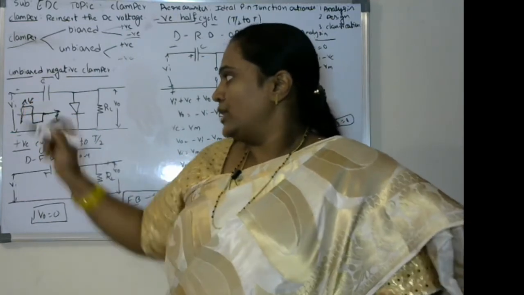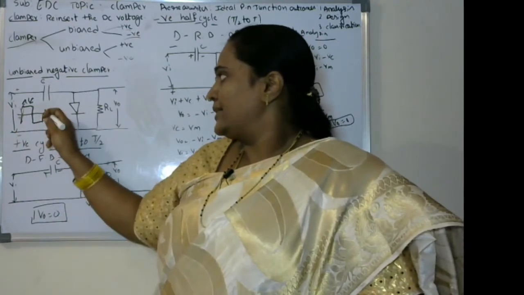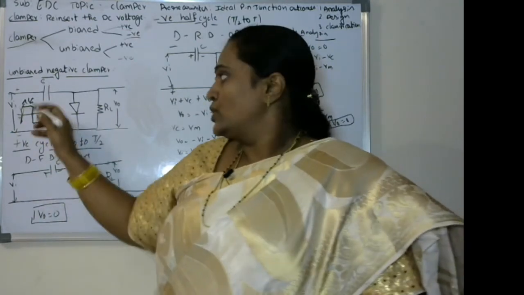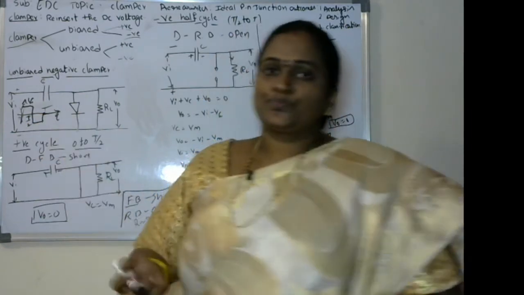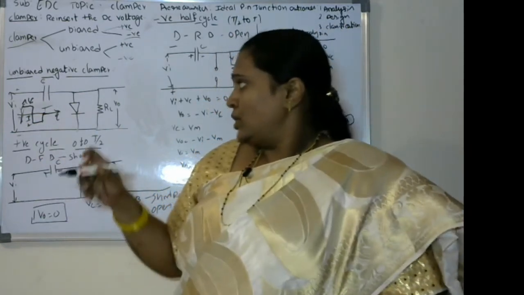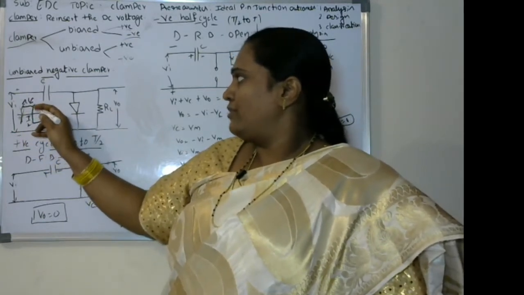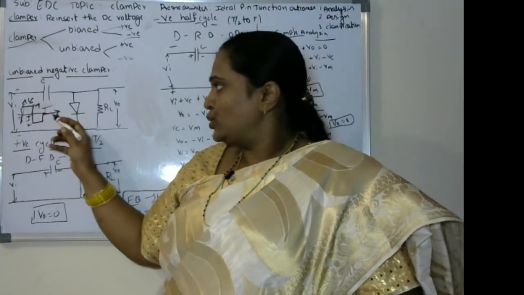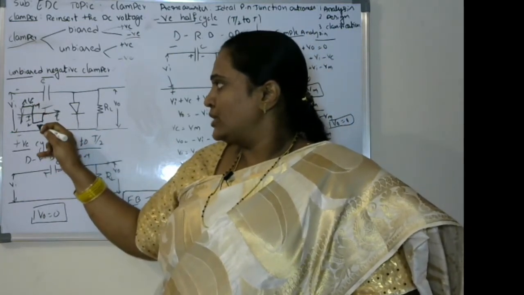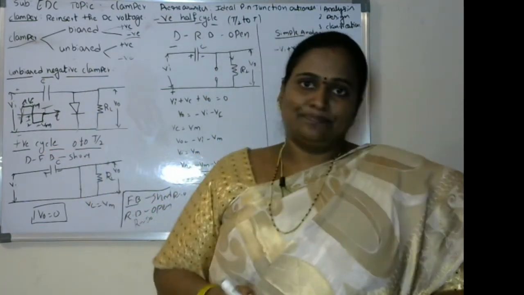This is the input voltage, with total time period assumed to be T, so the half cycle is T by 2. Between 0 and T by 2 the voltage is Vm, and between T by 2 and T the voltage is minus Vm.